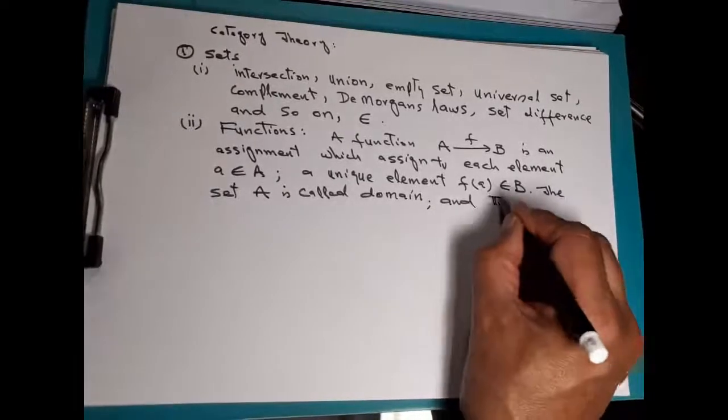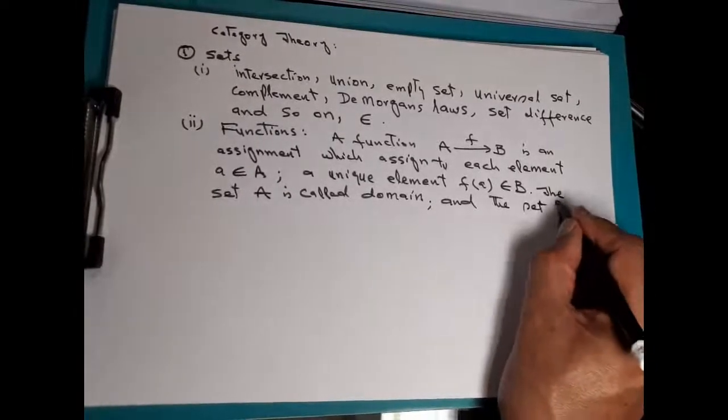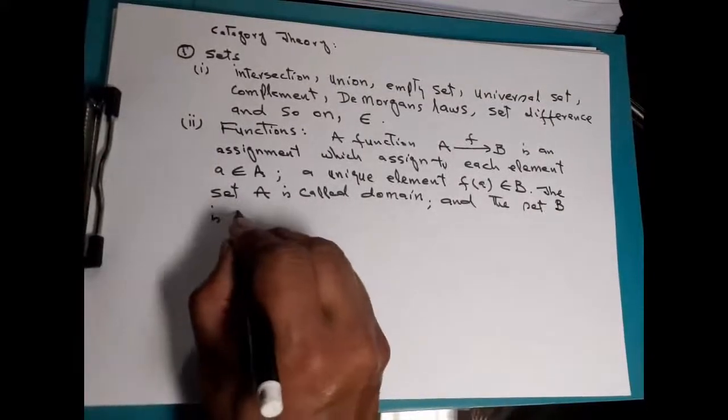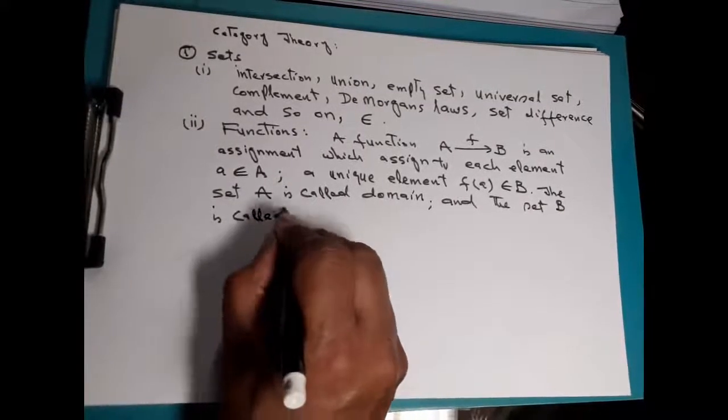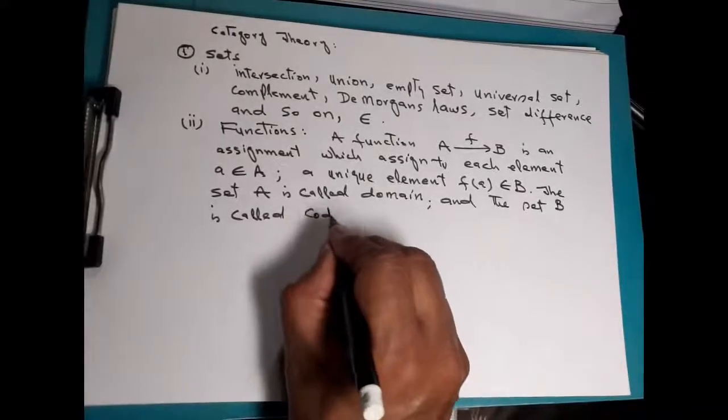The set B is called codomain of the function.